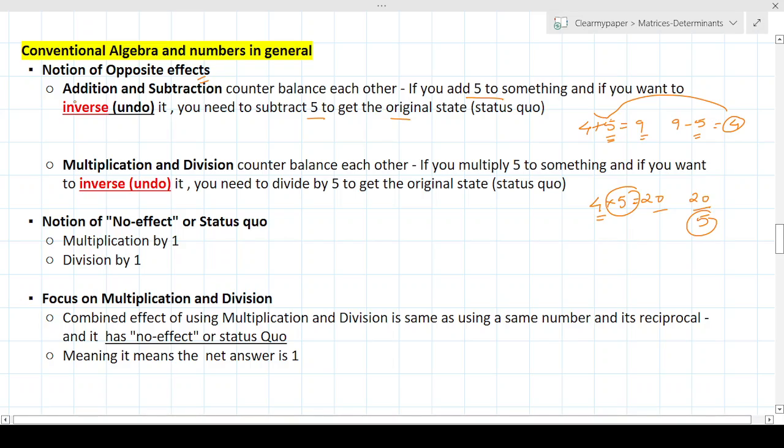Addition inverses the operation of subtraction and vice versa. Similarly, multiplication and division both kind of inverse each other's operation or whatever effect they have. That's kind of the concept and notion in conventional algebra or in numbers in general.